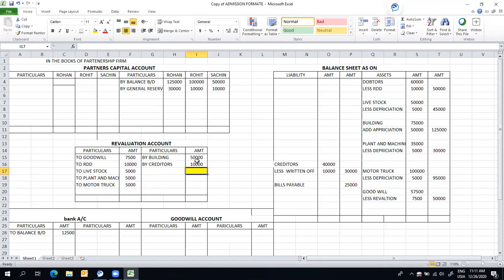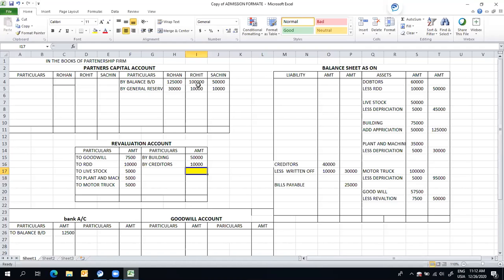He will take his capital, his general reserve, his profit, everything. So after retirement of Sachin, Rohan and Rohit will face shortage of fund.